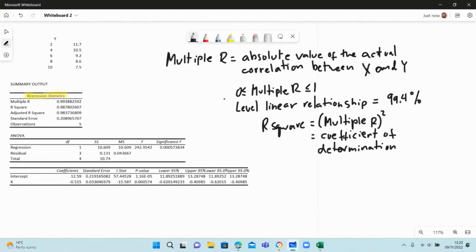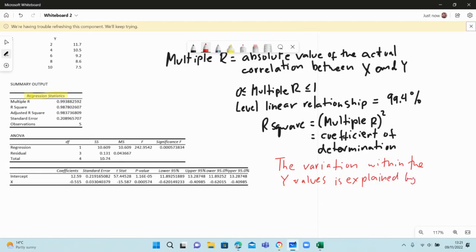So in this case, since the value of r squared here is 0.9878, then we say that, so let me change the color of the ink, the variation within the y values is explained by the x variable to the level of 98.87%.